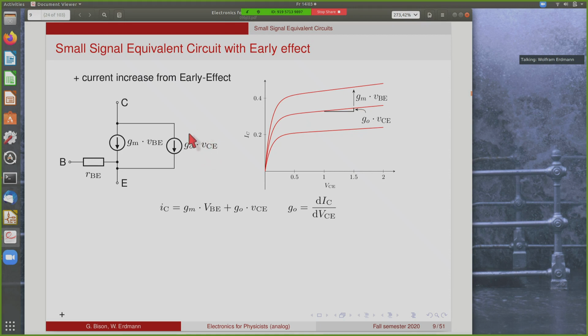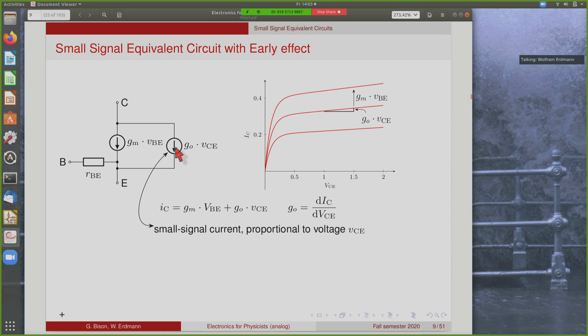So this current source gives us a current which is strictly proportional to the voltage between the two ports of this current source. This is different from GM, of course. Here we have a current that is proportional to the voltage at a different port, but here we simply have a current proportional to the voltage between the two terminals.